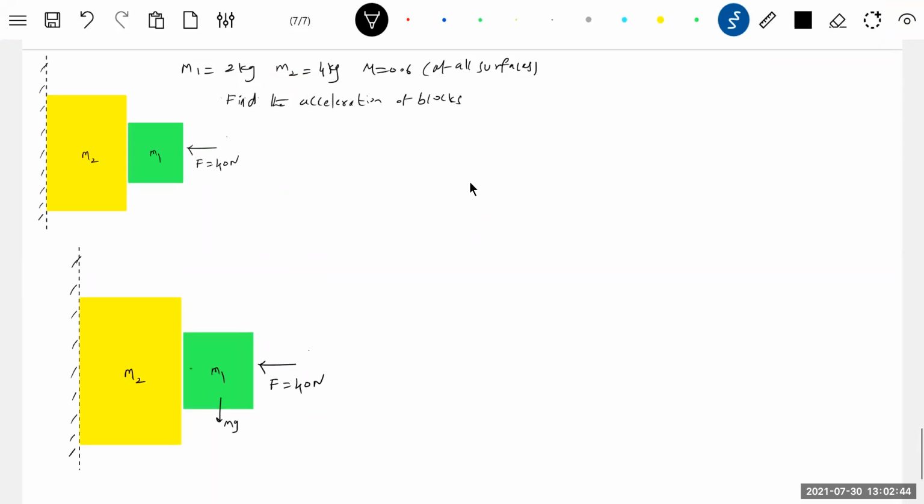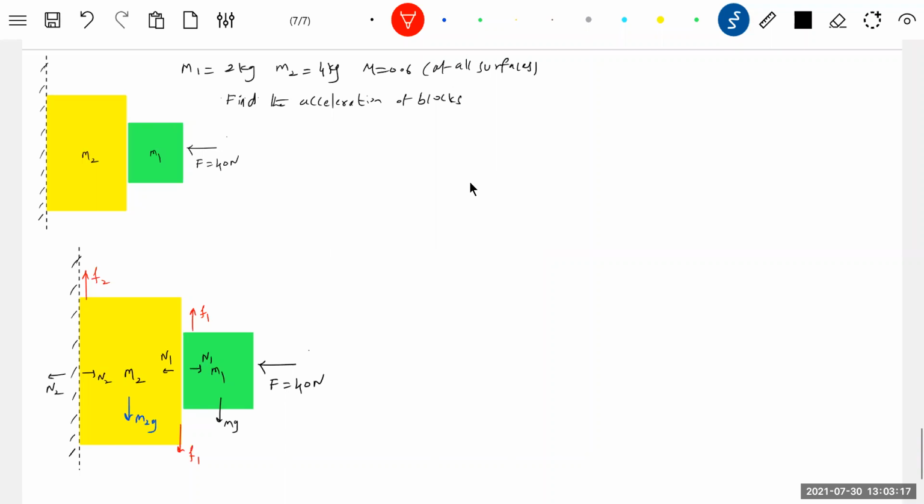There'll be normal contact N1, this N1 by the wall on the block, by the block on the wall. Then I'll assume the friction here F1 and the friction here F1. The weight m2g. Then the friction by the wall on the block. Okay, this is the assumption I'm making here.